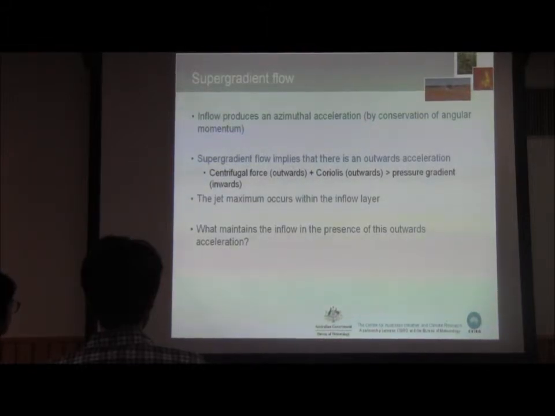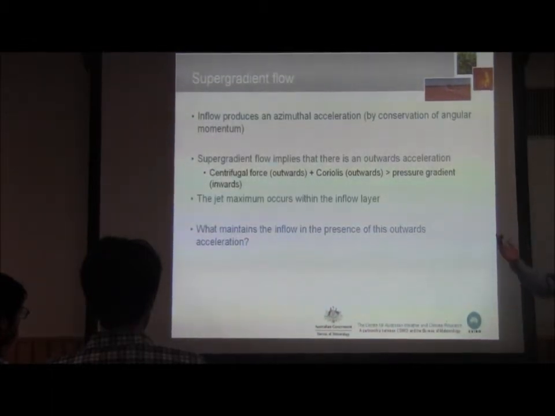The problem is that the supergradient flow in this model is steady, and normally if you have supergradient flow, you get an outwards acceleration associated with it. The flow is supergradient. That means that the centrifugal force and the Coriolis force, which are directed outwards, are stronger than the pressure gradient force, which is directed inwards.